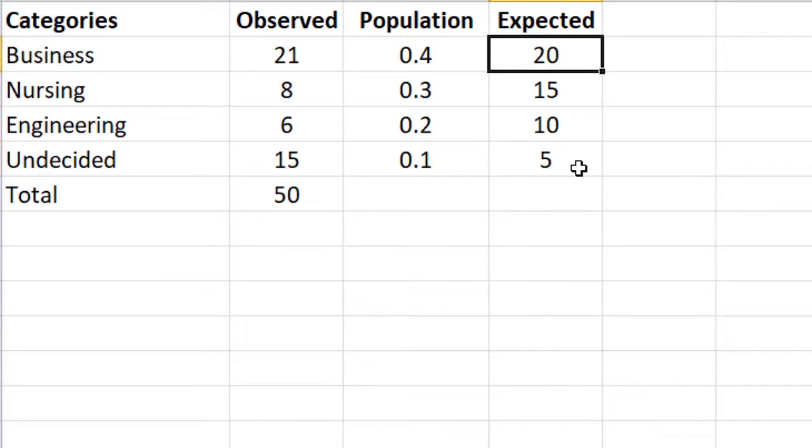But in the end, each of the expected counts here makes some difference with the observed count, and the difference could be large or small. Or there are even cases where the expected count might come to equal exactly the observed count. In those cases, it's a zero difference. So there will always be some kind of difference between the expected count and observed count. And that's what we're looking at in the next step.